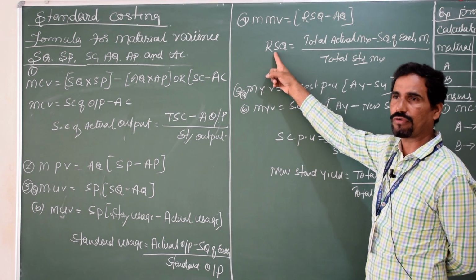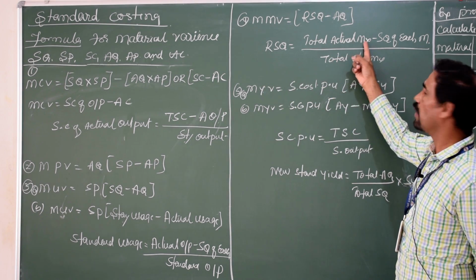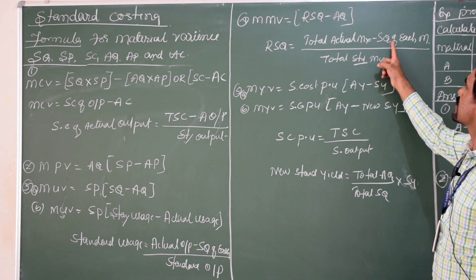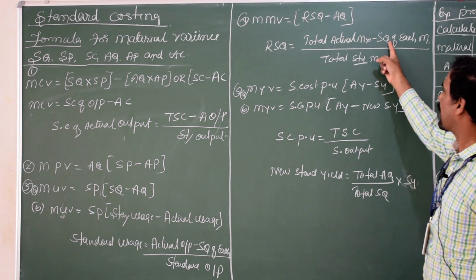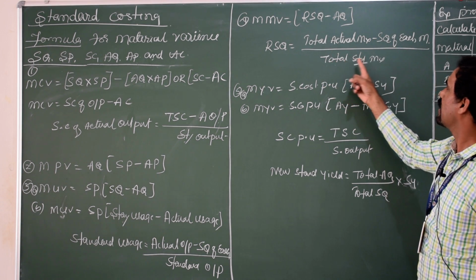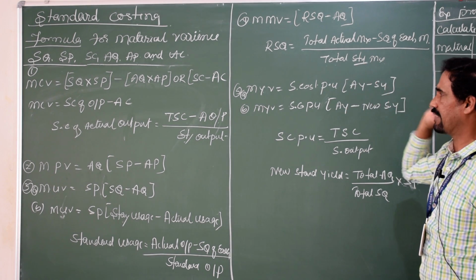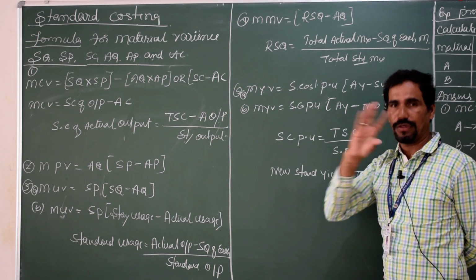How to find revised standard quantity? Revised standard quantity equals total actual mix into standard quantity of each material, divided by total standard mix. Then the fifth one. Totally we are going to calculate in 5 steps.